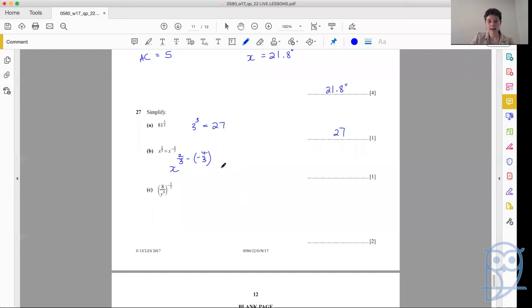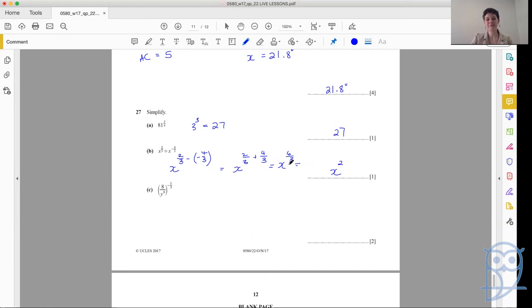So then we would have x to the 2 over 3 plus 4 over 3, same denominator, so we can just add the numerators, 6 over 3, and that we can simplify. x to the 6 divided by 3 is 2. So all of that yucky mess is actually, very simply, x squared.